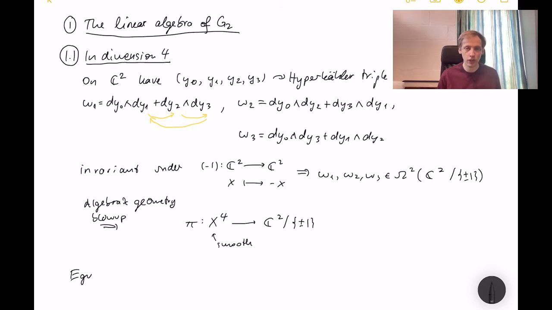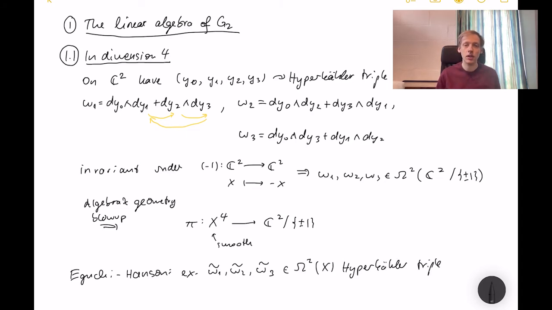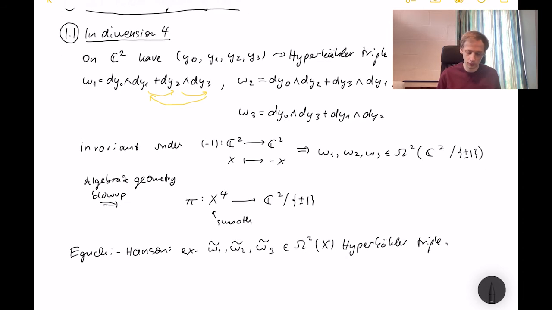So that was first realized by Eguchi and Hanson. And they say there exist omega 1 twiddle, omega 2 twiddle, omega 3 twiddle, 2-forms on this space X, which is a hyperkähler triple. And not only that, this hyperkähler triple is asymptotic to the flat hyperkähler triple in some sense.